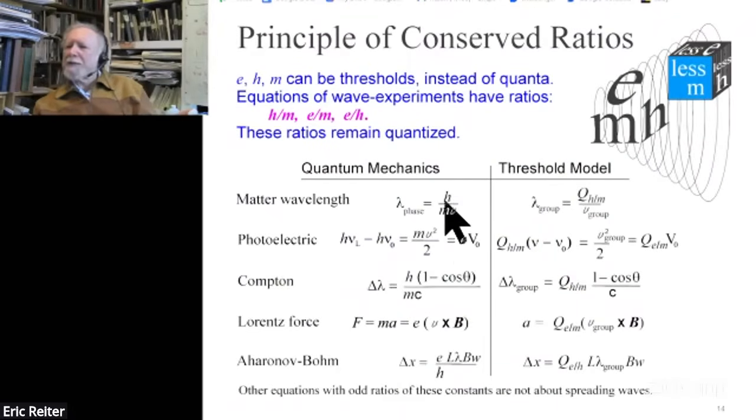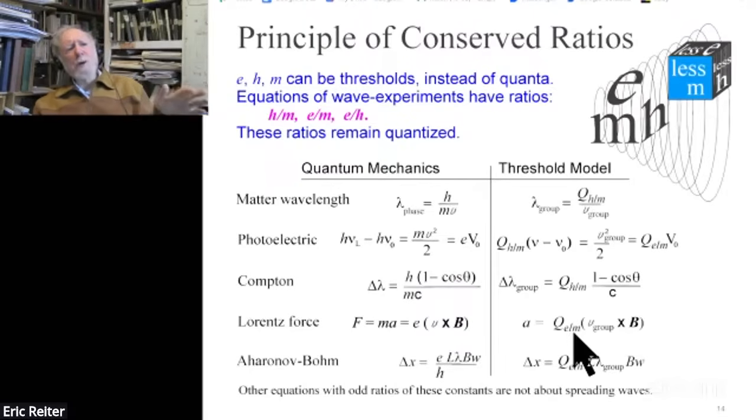So what I discovered is by looking at the equations famous for the wave effect, like the electron diffraction, any kind of helium, all the diffractions of elements, photoelectric effect, Compton effect, Lorentz force, you can rearrange the equation so that you have a ratio of, in this case, the charge to mass ratio.